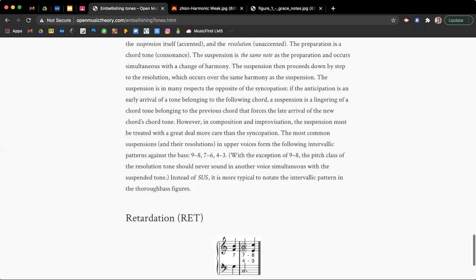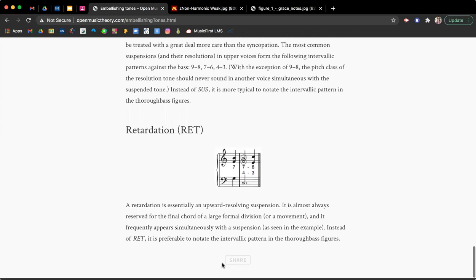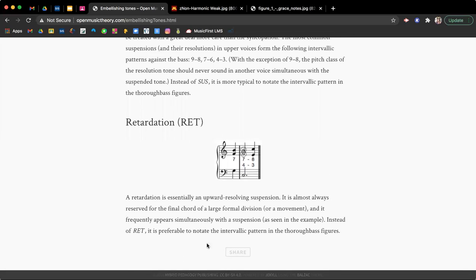Now, a retardation is essentially a suspension that resolves up. So here you're seeing this dissonance resolving upwards. If we're looking at a seventh between C and B, it resolves to 8. So you're looking at the interval getting wider instead of the interval getting smaller.